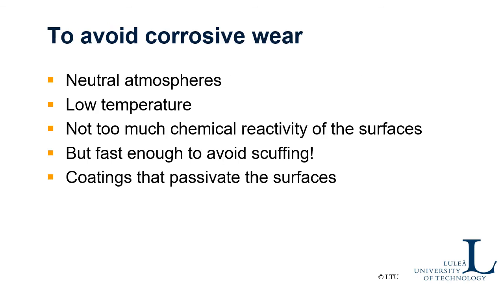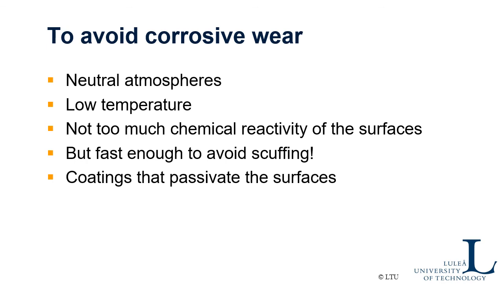What can you do to avoid corrosive wear? Well, you have an atmosphere that isn't increasing the corrosion processes. That also includes temperature, that you keep temperatures down if possible, and the chemical reactivity of the surfaces should be as low as possible. That's a way.